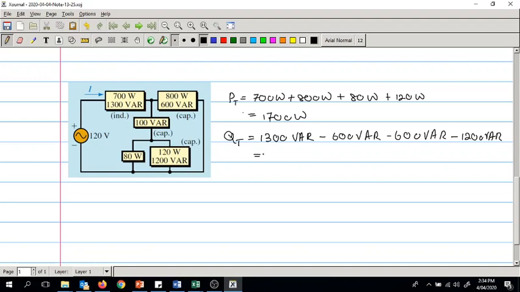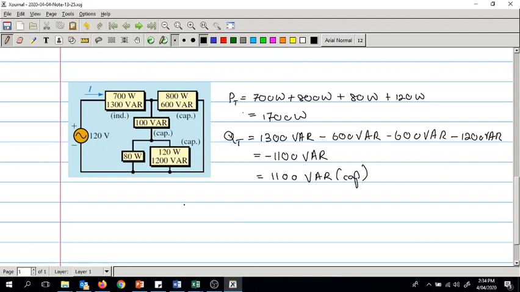I think 700, right? Oh no, 600, 1200, 1100. So 1300 minus 600 minus 600 minus 1200, which is minus 1100 VAR, meaning that it is 1100 VAR capacitive, right? So any of these options can be used.